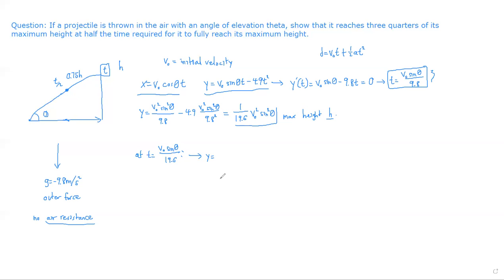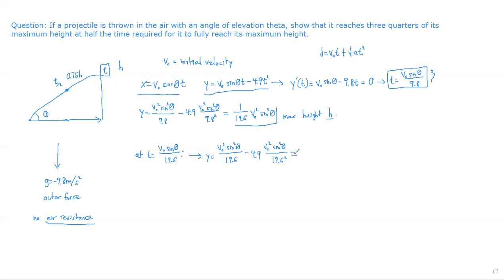Y is equal to v naught squared sine squared theta over 19.6 minus 4.9 v naught squared sine squared theta over 19.6 squared.